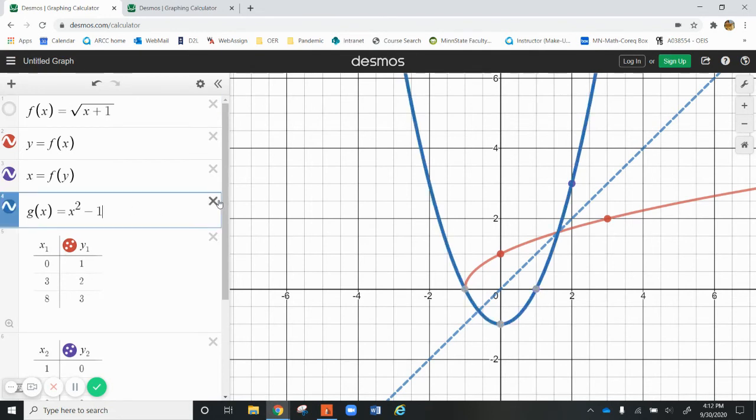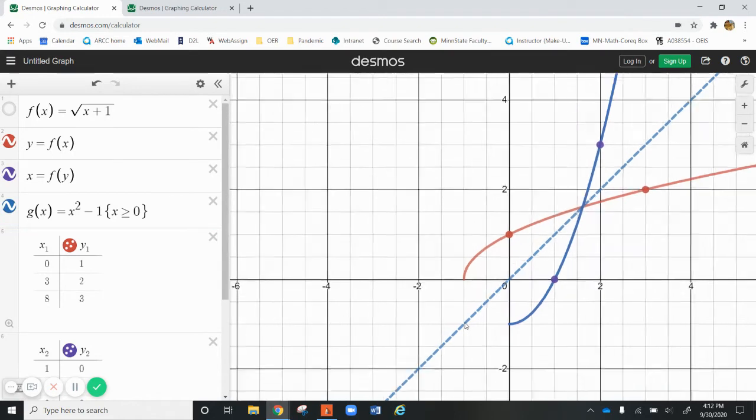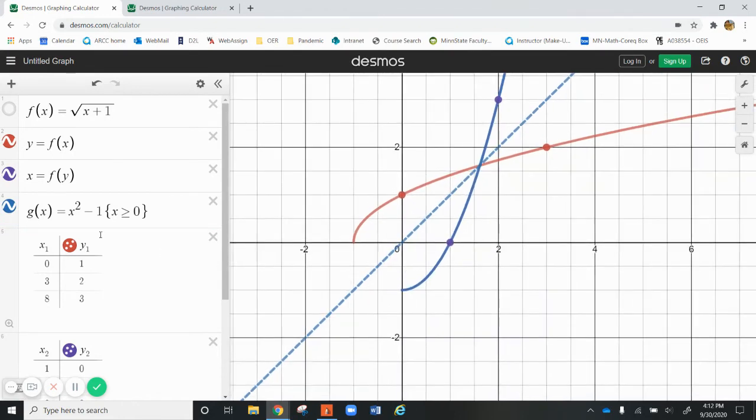And on Desmos, this is called a domain restriction. You can put this in parentheses and write x and then write some sort of inequality. In this case, we'd write x greater than or equal to 0, and that restricts it to just positive x values. Now that graph matches exactly the graph that we were expecting to get.